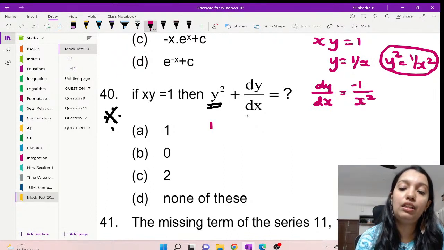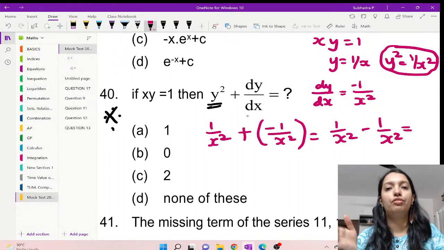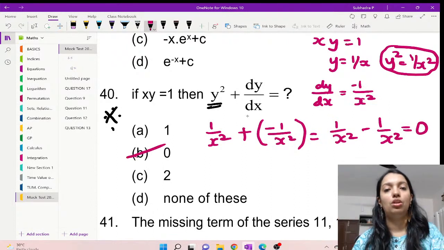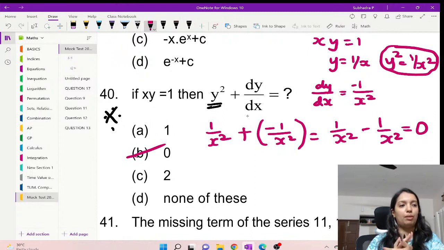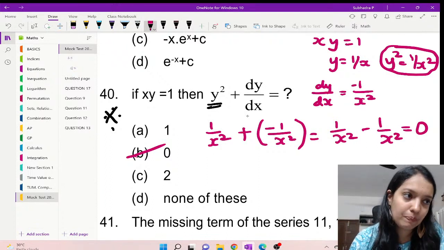So here I will take 1 by x square from this part plus minus of 1 by x square, which is 1 by x square minus 1 by x square. Both of them are killing each other. Final answer is 0. So this is last question from mathematics. We are done with business mathematics, all 40 questions from mock test.